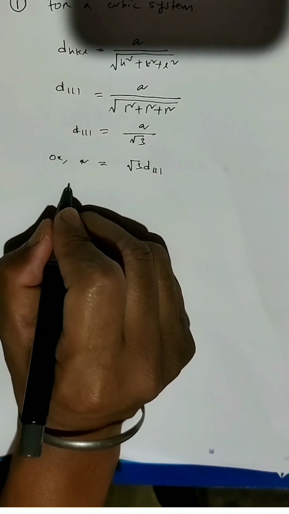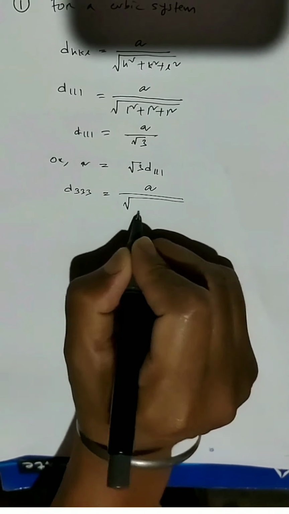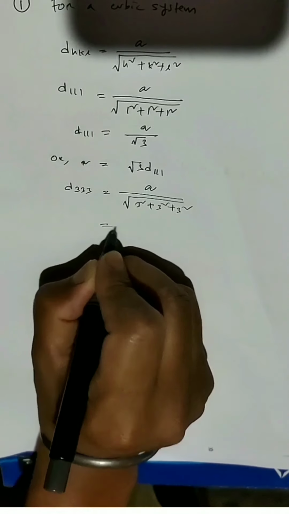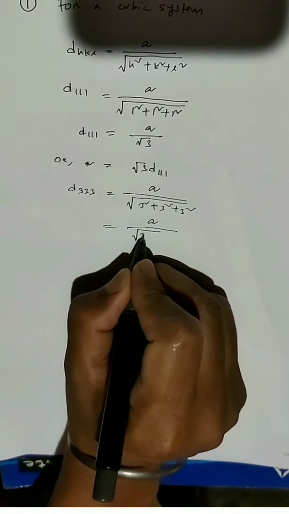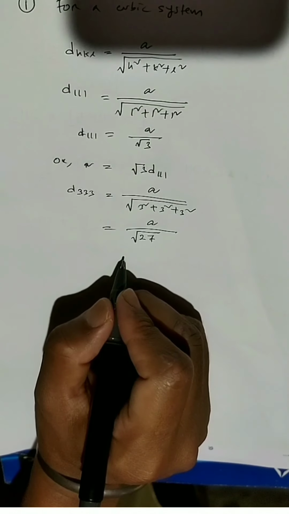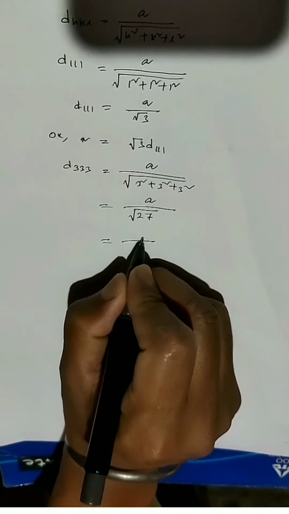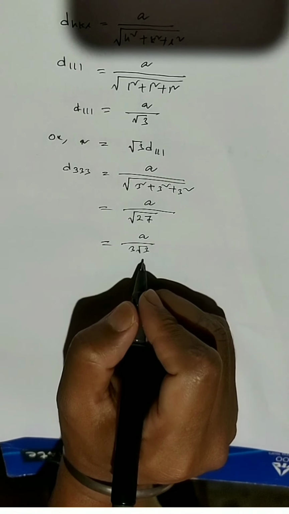Or for d333, a upon root over 3 square plus 3 square plus 3 square equals a upon root over 27, or we can write 3 root over 3.